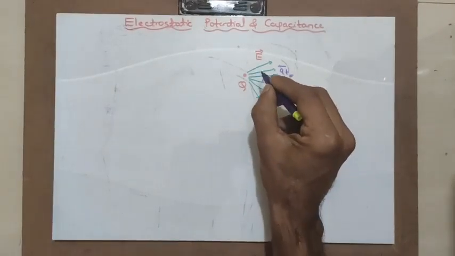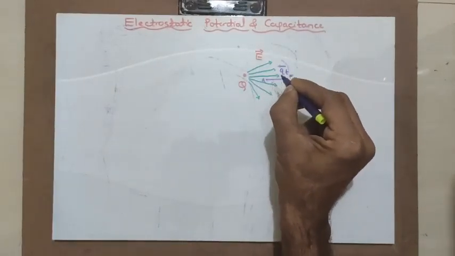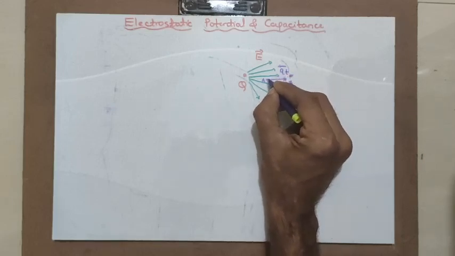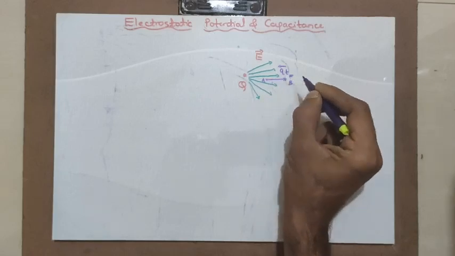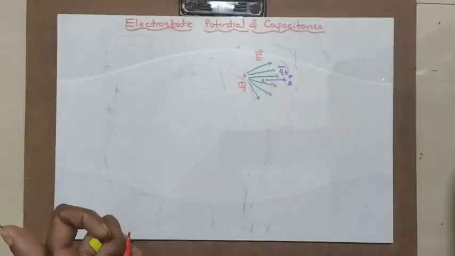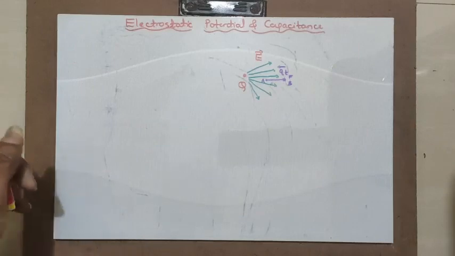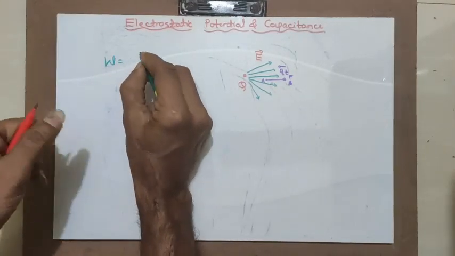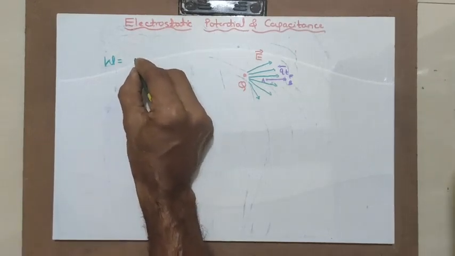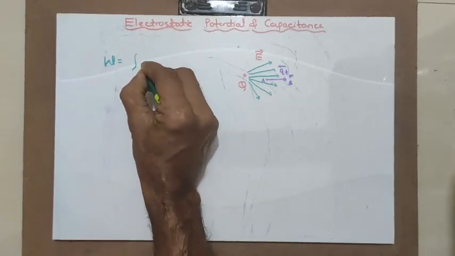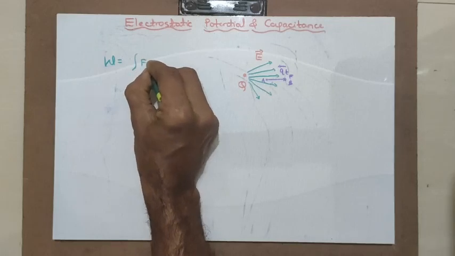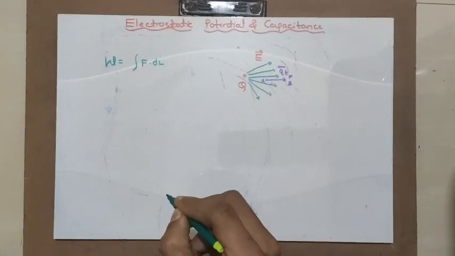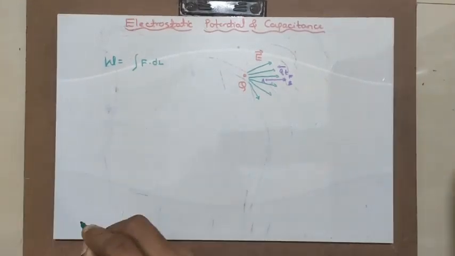Hence the electric field which is set here works so that the test charge is forced to move from point A to B. The work done in moving the charge from A to B is given by the integration of force, or force into distance.